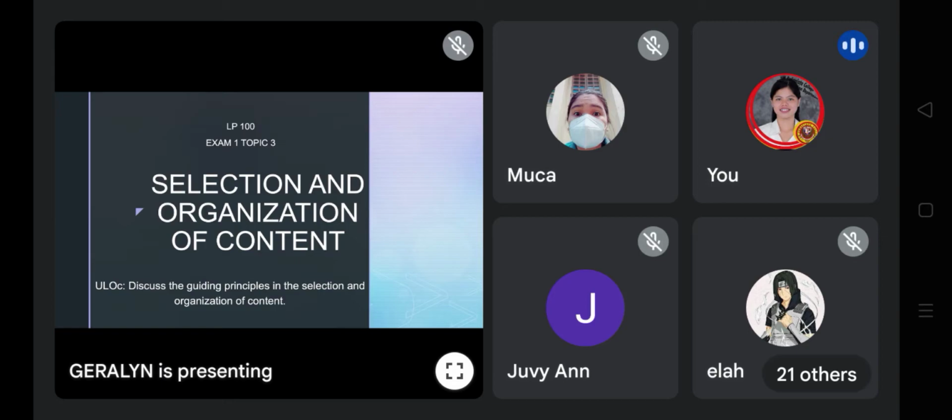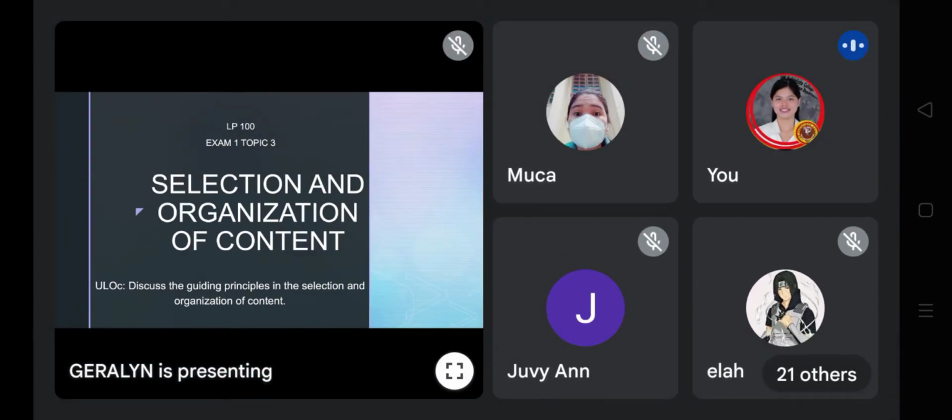So again, this is our last topic, selection and organization of content in our lesson plan. Before we write our activities, we should first know what our topic is. Diba? It is one of the steps in writing the activity.